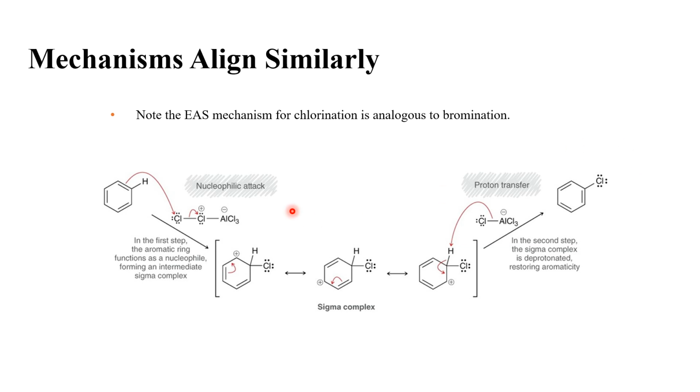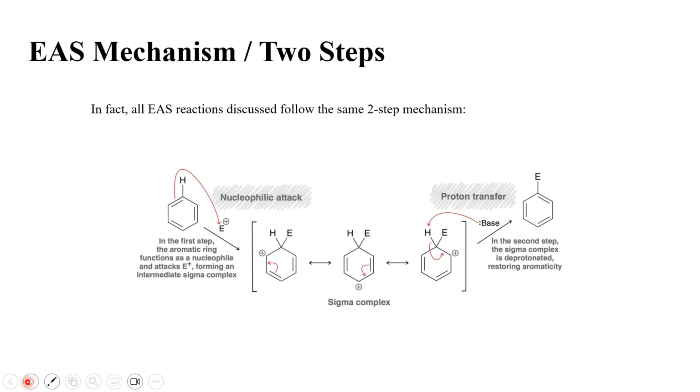And I hope you realize a trend here in that all electrophilic aromatic substitution, EAS, mechanisms follow the same two steps. Here, I think I have it on the next slide. Yeah. Nucleophilic attack of the aromatic benzene on the electrophile. We just call it E for electrophile.